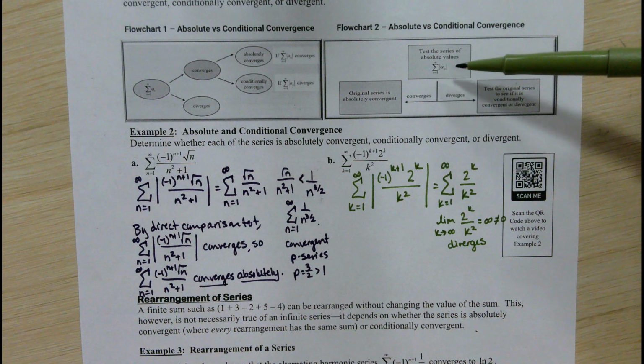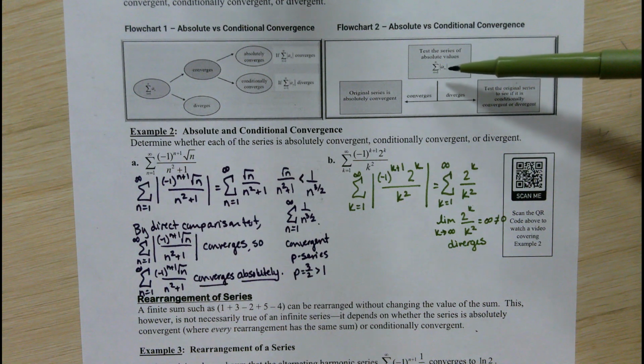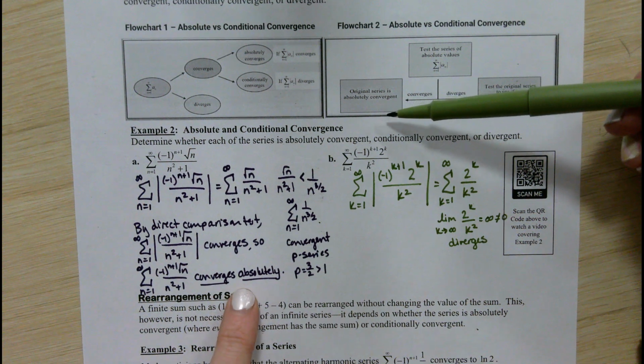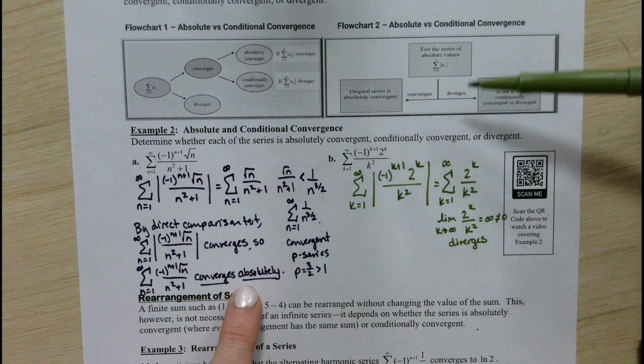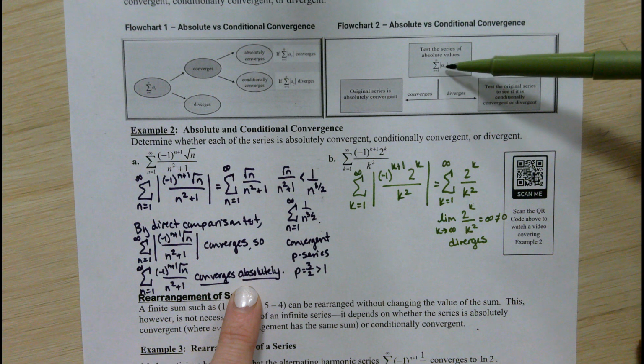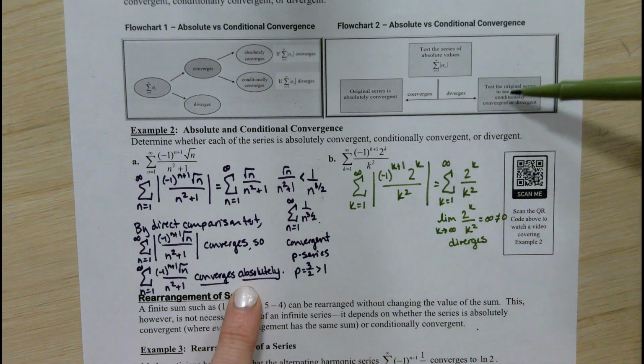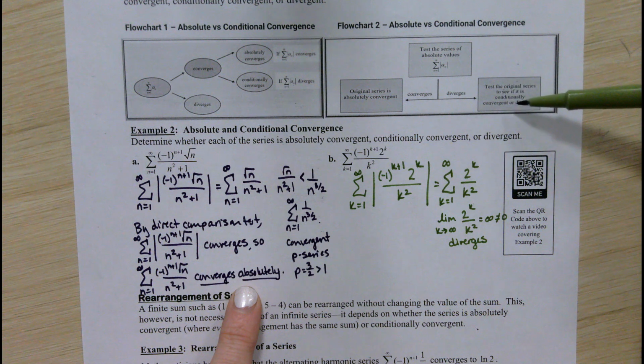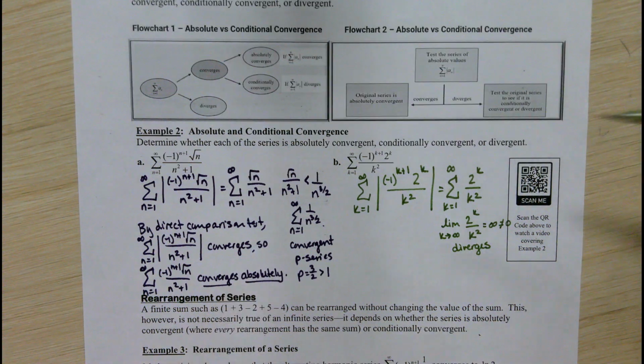So if we're kind of tracking with this flowchart, the absolute value the first time converged. So that's why this decision was absolute convergence. But for part B, the absolute value diverges, and so we need to finish this up to see if it's conditionally convergent, if it meets both conditions of the alternating series test, or if it doesn't, then we'll know it's divergent for sure.